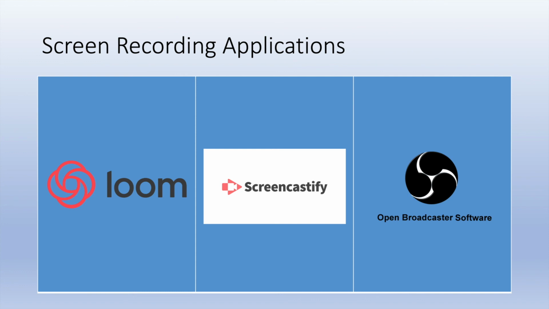There's also Screencastify, and for more advanced users, you can use Open Broadcaster Software, or OBS, to record your screen. The nice thing with OBS is you could actually do title overlays. So if you want to put text over your video, you can use OBS.